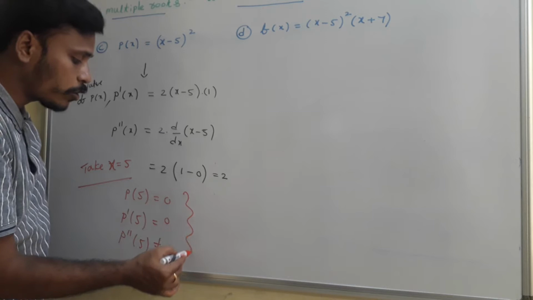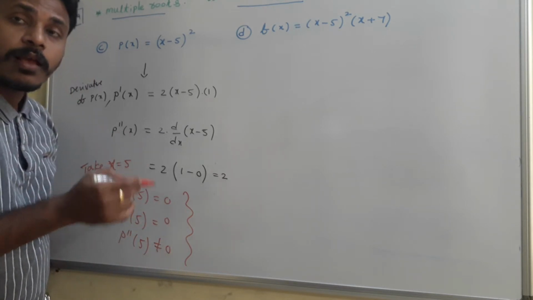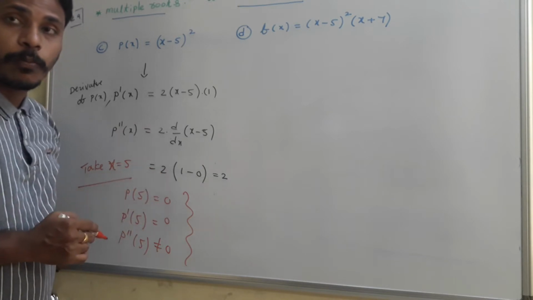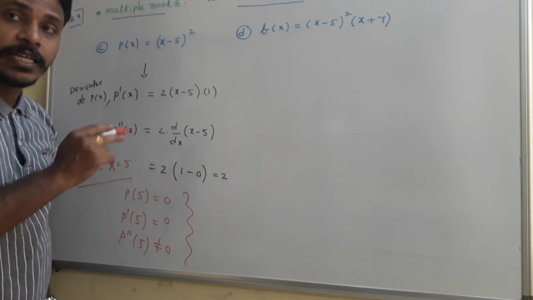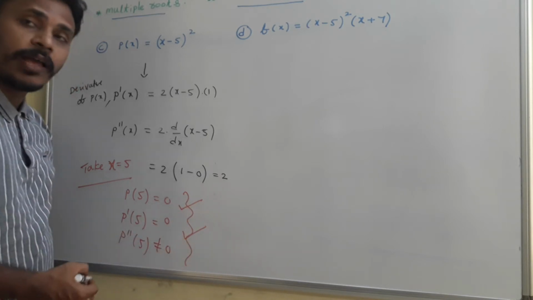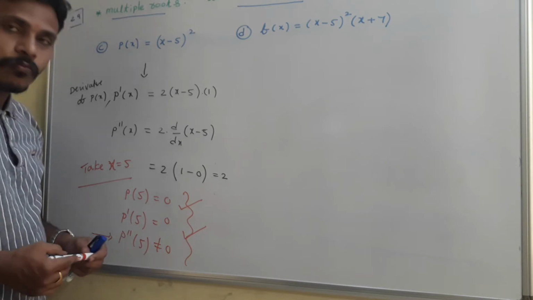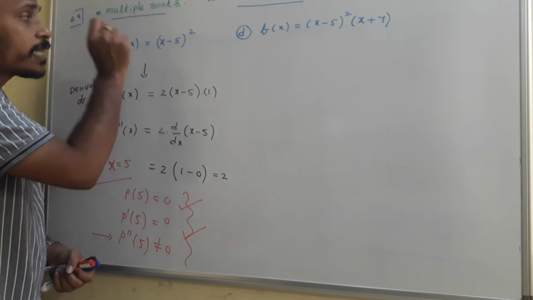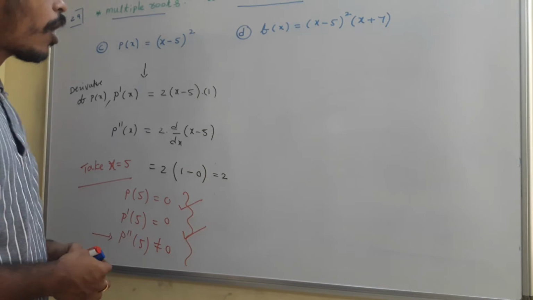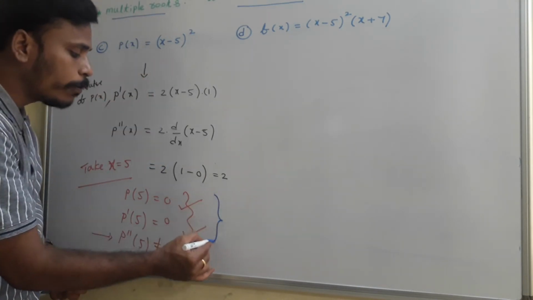So at x equals 5, when you observe the values of the polynomial, the first derivative, and the second derivative, p of 5 is 0, p dash of 5 is 0, and p double dash of 5 is not equal to 0. Since 5 is a multiple root of multiplicity 2, only these two values become 0.